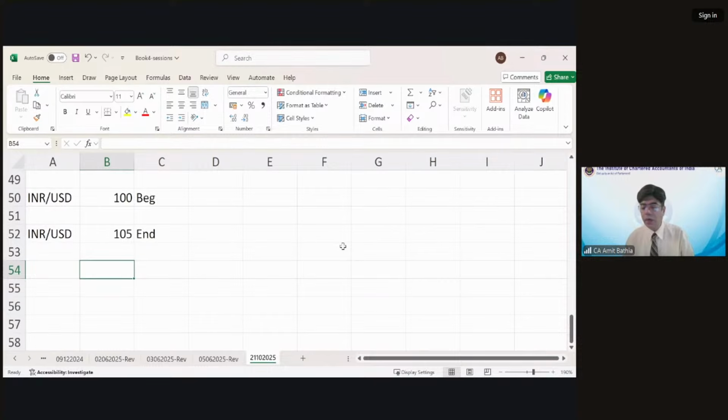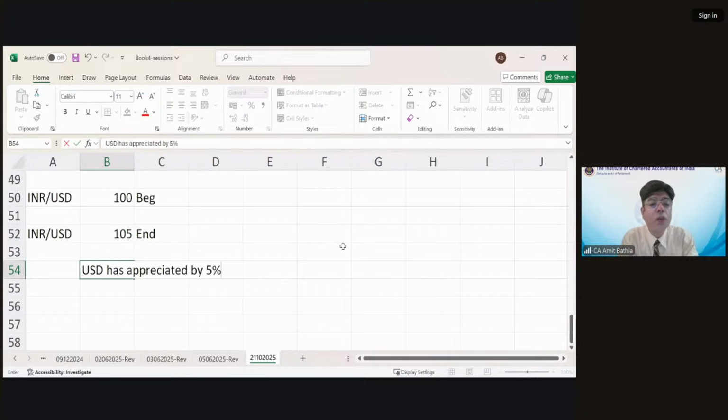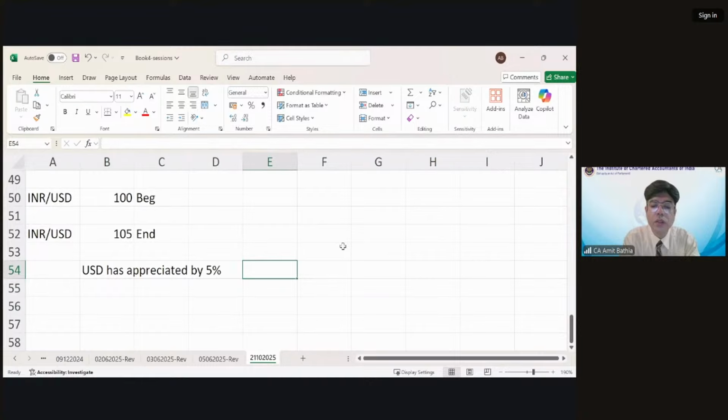So how do I convert this from appreciation? USD has appreciated by how much? By 5%. How did I get 5%? It is 105 minus 100 divided by 100.